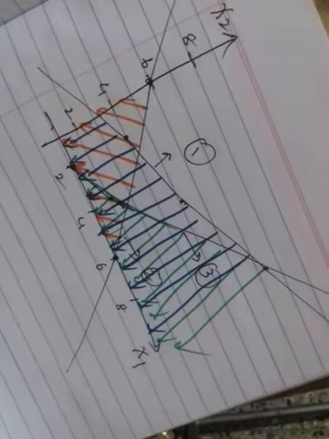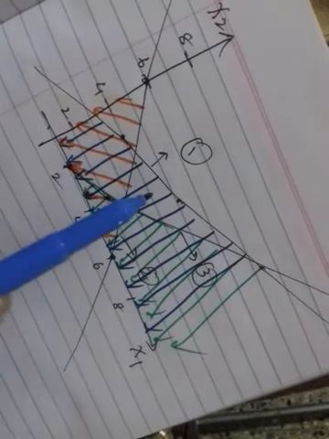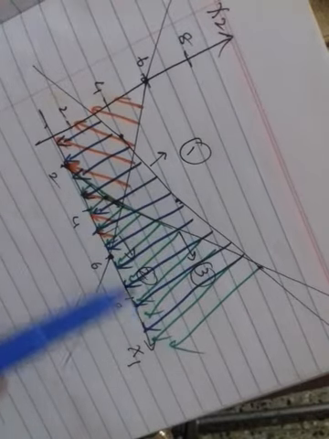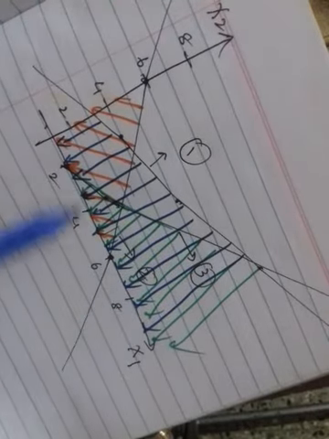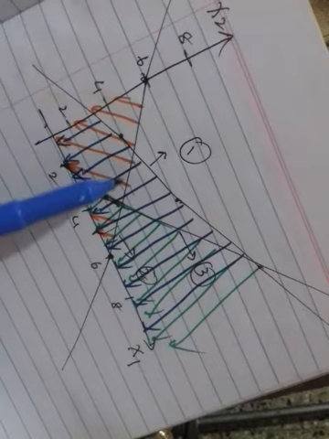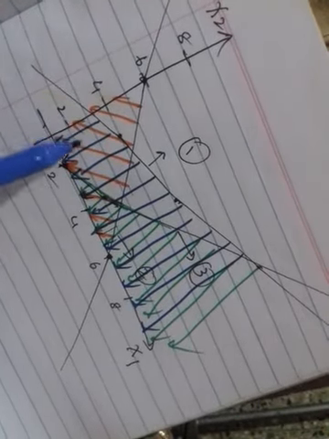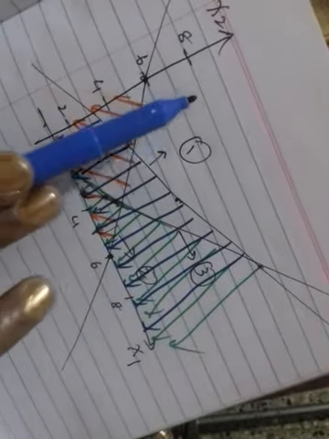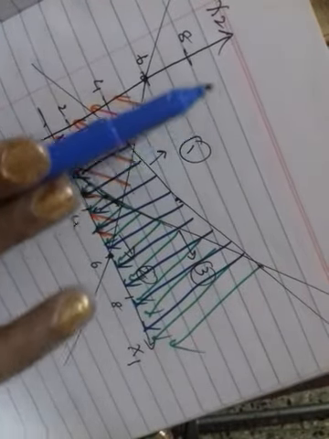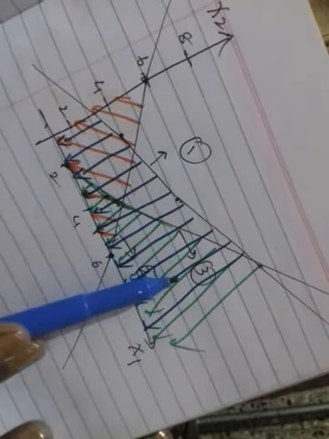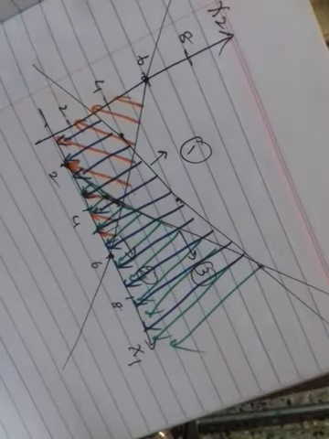Now where all the lines, see here, orange and green is not there. Here only blue and green is there, and in this area only blue and orange, and here only orange. So these are all not feasible region. Okay, here there is no line. So this area and this area are not feasible region.